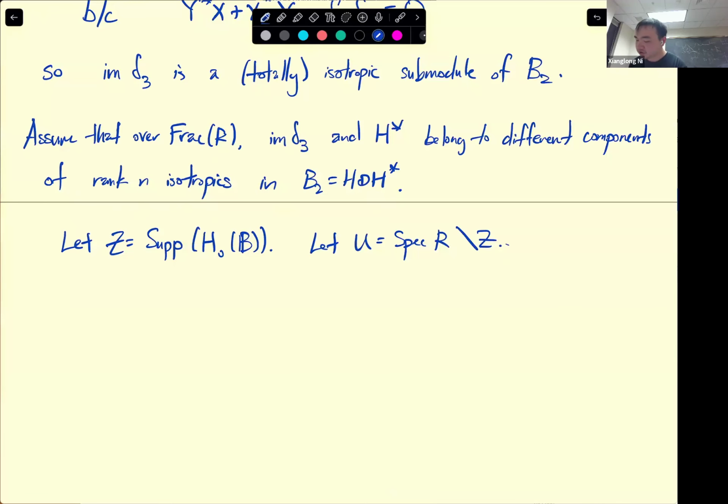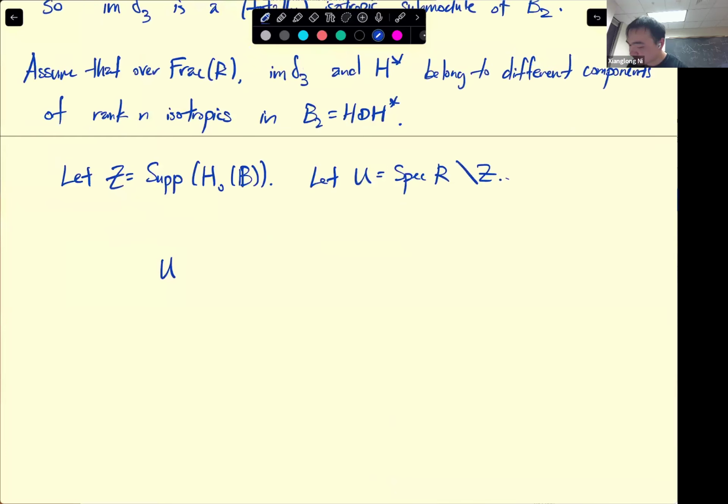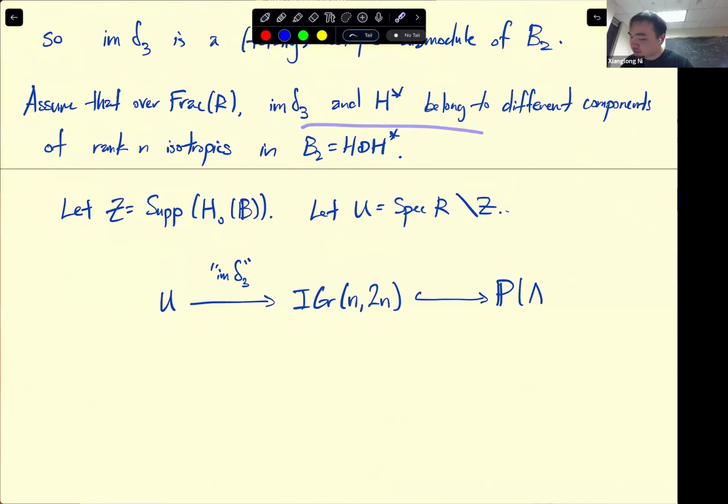What that means is that on U, I get a map, determined by the image of delta 3, to the isotropic Grassmannian of n-planes in 2n-dimensional space, and this admits a Plücker embedding into the projectivization of a certain representation of the special orthogonal algebra, which is the half-spin representation. It turns out that with this assumption, the correct half-spin representation is wedge odd of H.